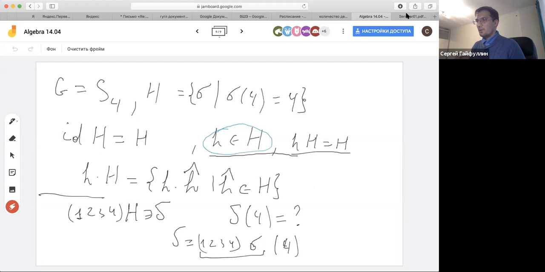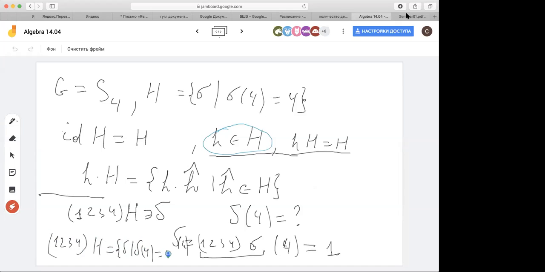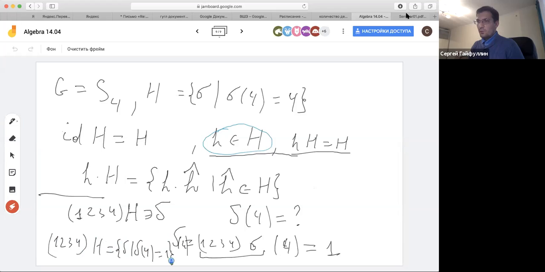So delta of 4 equals 1. So the hypothesis is that (1, 2, 3, 4) multiplied by H equals all permutations delta such that delta of 4 equals 1. Okay, it's understandable. Let us prove it.